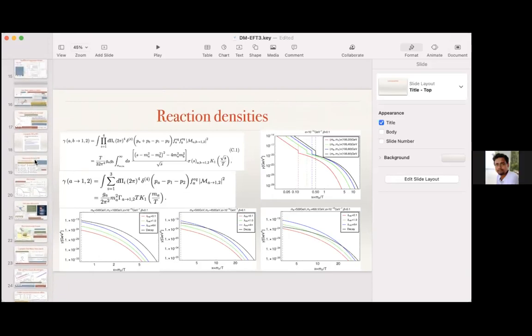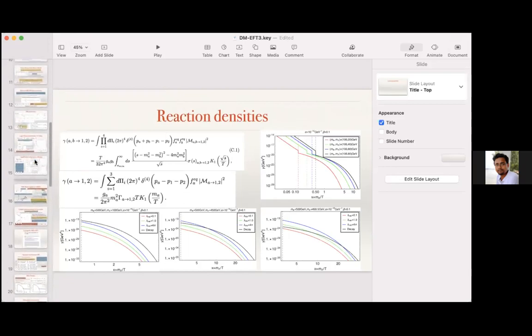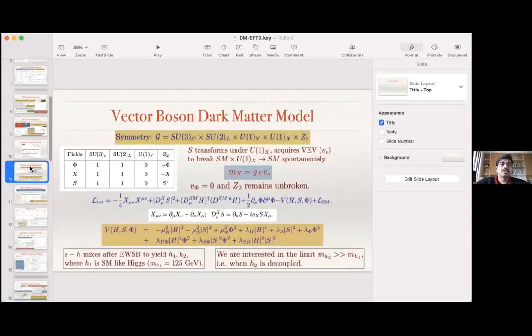Hello, sir. So my question is, in the model part, can you explain how this S transforms to S star? Yeah, okay. I do not have a pen and paper, but I can explain. See, what is happening is that you have this term |D_mu S|^2. This has to be invariant, right? Now you see that D_mu S is del_mu S minus i g_X S X_mu, right?